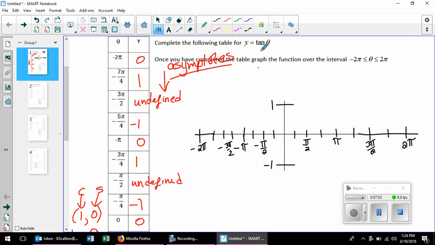So I think the first thing I'm going to do is I'm going to put my asymptotes on. So -3 pi over 2. That's this one. There's going to be a dashed line. Asymptotes don't have to have arrows on them. If you put arrows on them, it's not wrong. The next time I see another undefined is -pi over 2.